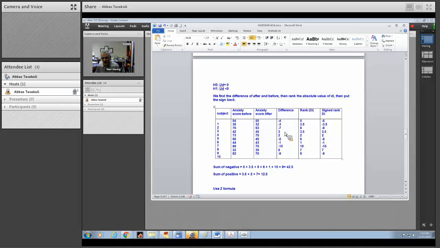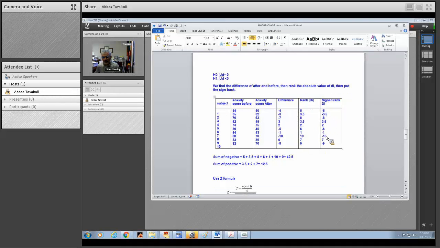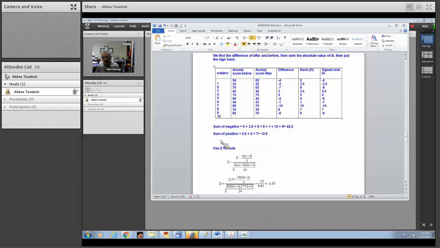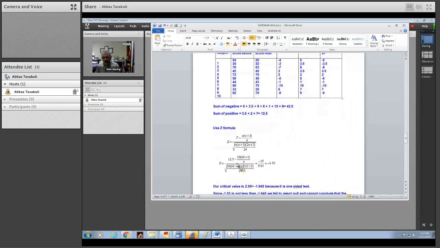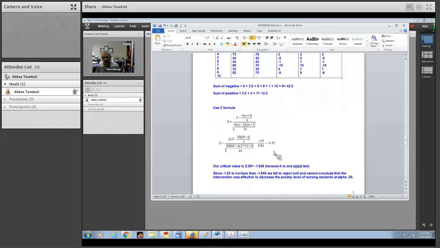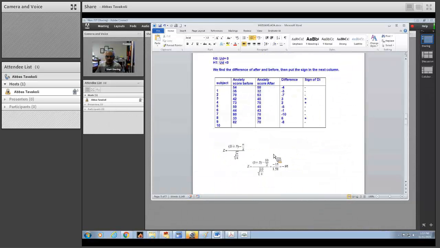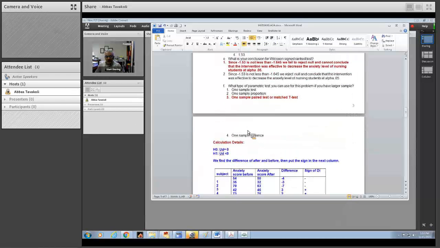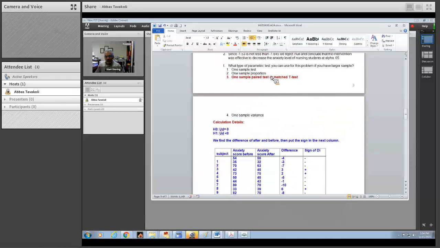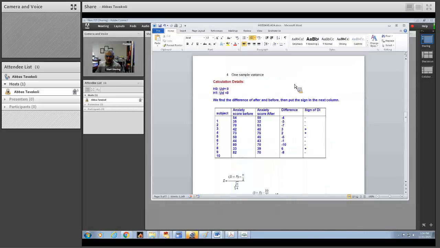You rank all of these values, then put the sign back, and sum the negative and the positive values. Then you put the sum of the positive values here, replace n here, and you get negative 1.53. Since this is not less than negative 1.645, you fail to reject. So that was the correct answer. And what type of parametric test can you use for this problem? Because it is before and after, a paired or matched t-test is what you are going to use.